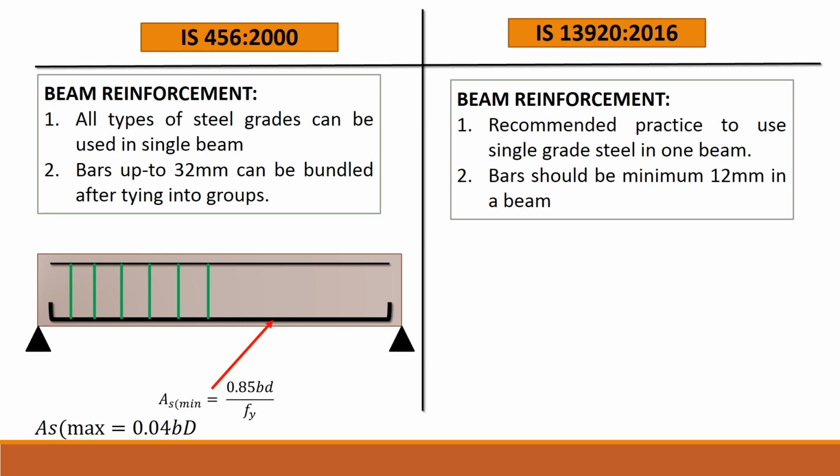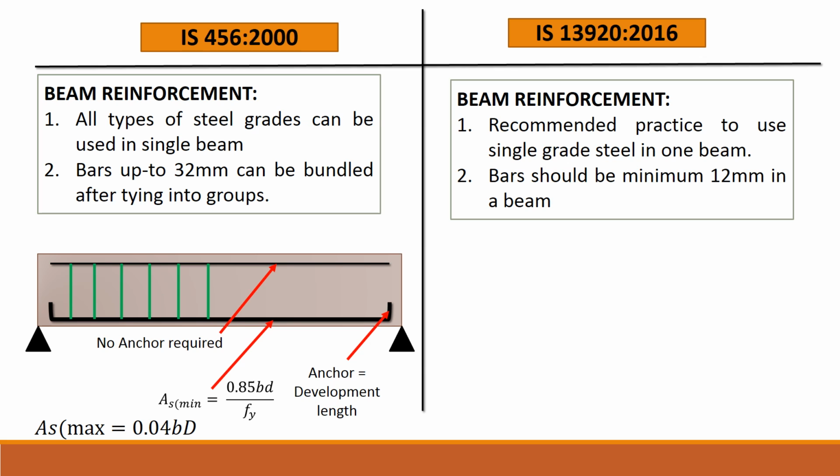Now the anchoring of these tension bars is to be done, and so we add the development length at the end of the beams, which look like the bent-up portions at the end of the tension bar. Now the top compression reinforcement is restricted in IS 456.